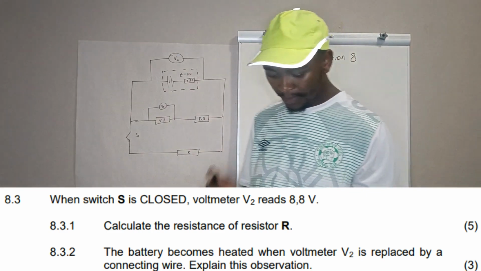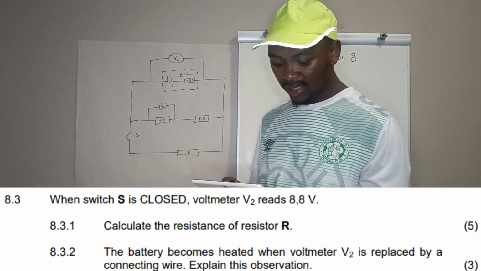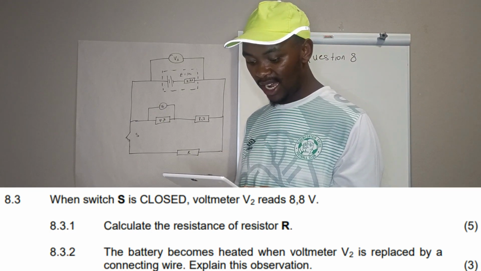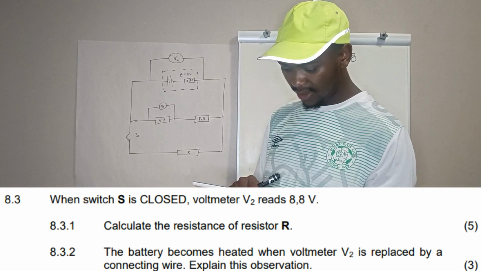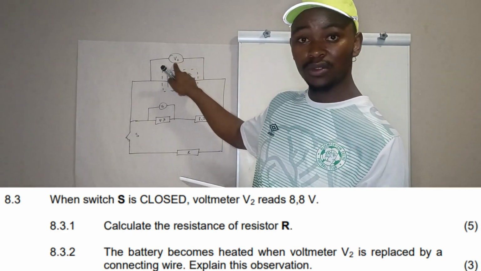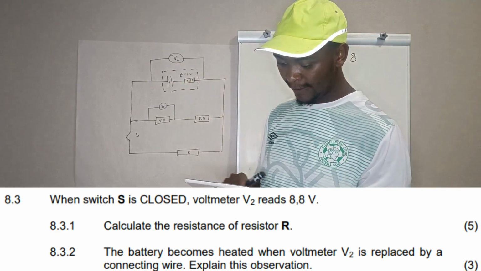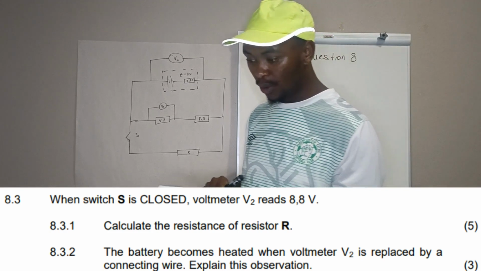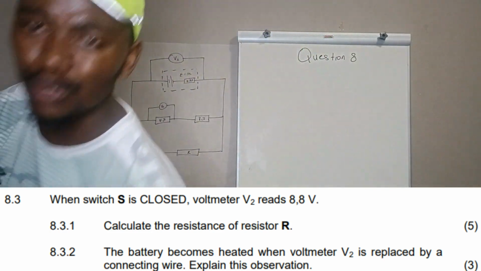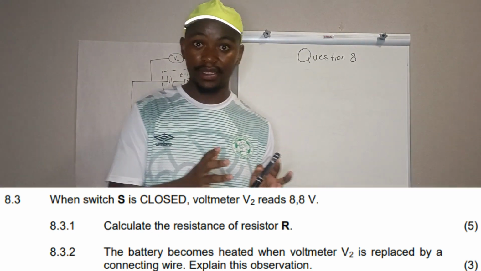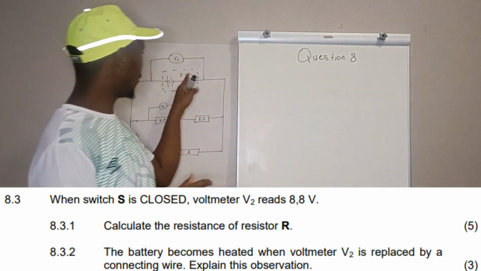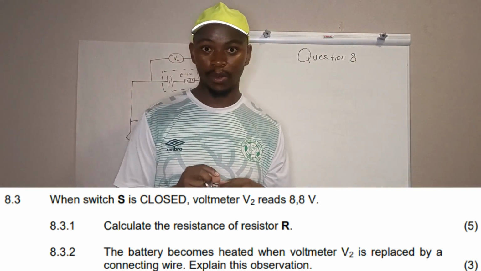All right. Now they're asking us to calculate the resistance of resistor R. They also mentioned that the voltmeter V2 reads 8.8 volts. Now let's try and explain what does V2 mean. I mentioned to you that you buy this battery, they tell you that it is capable of 10 volts, which is the EMF. All right.